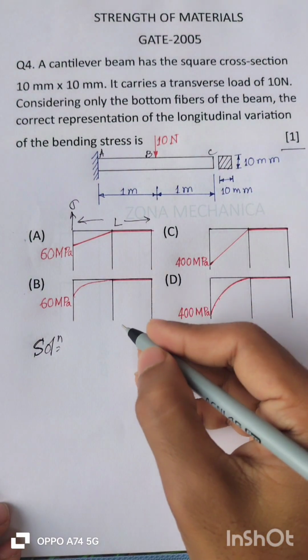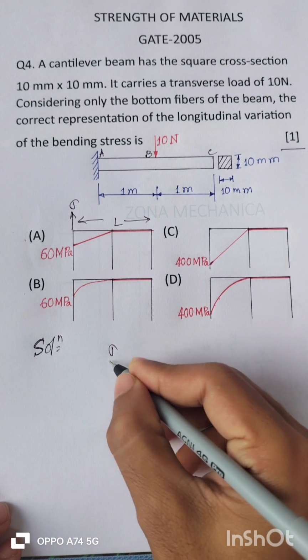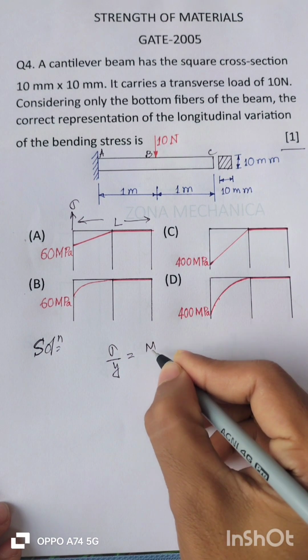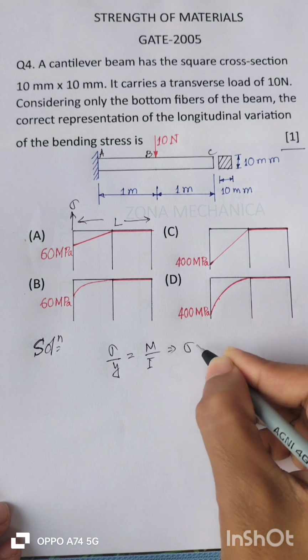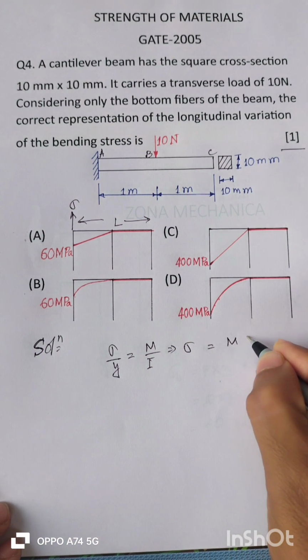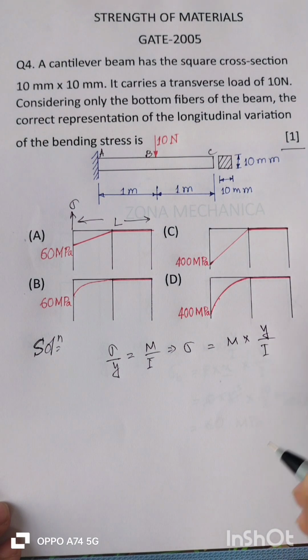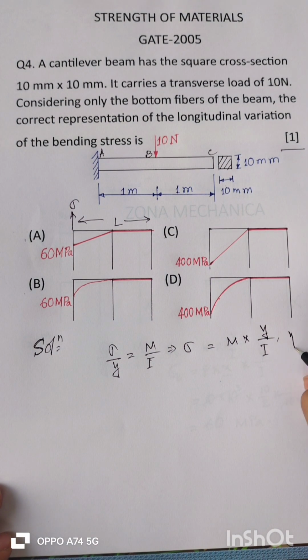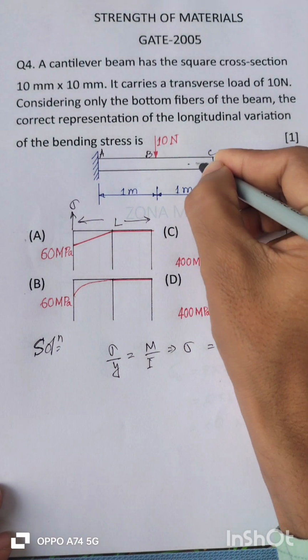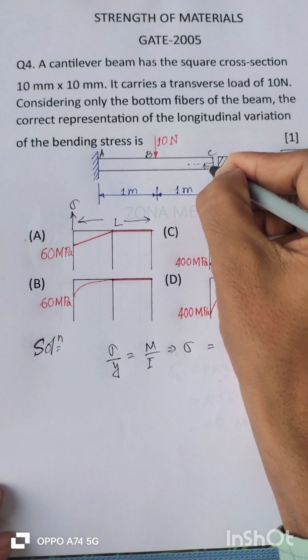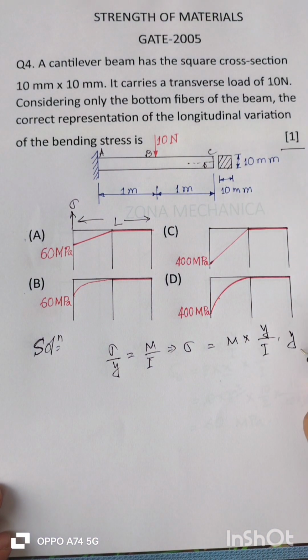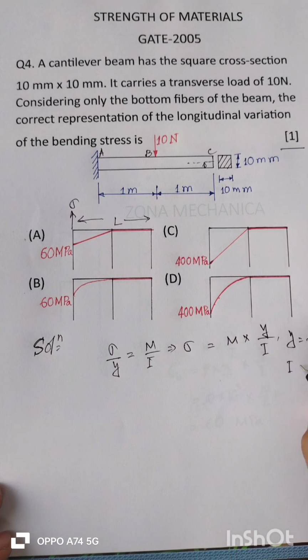From the well-known bending formula, sigma by y is equal to M by I, we have sigma is equal to M into y by I, where y is the distance of the mid fiber from the bottom side, so that is 10 by 2, that is 5 mm, and I is bd cube by 12, that is 10 into 10 cube by 12 mm to the power 4.